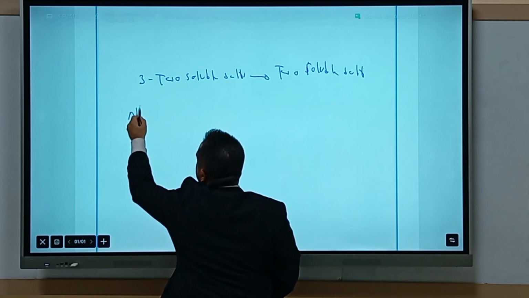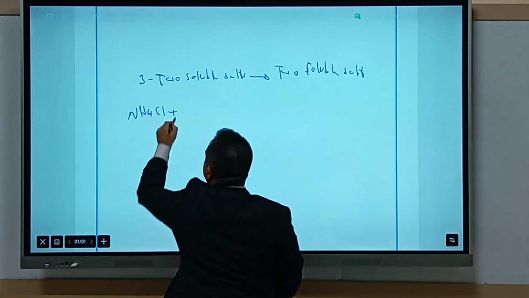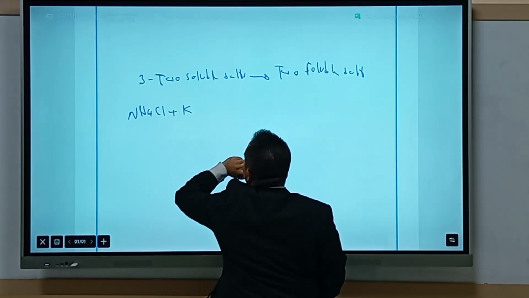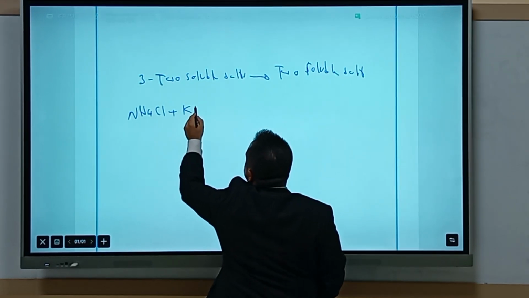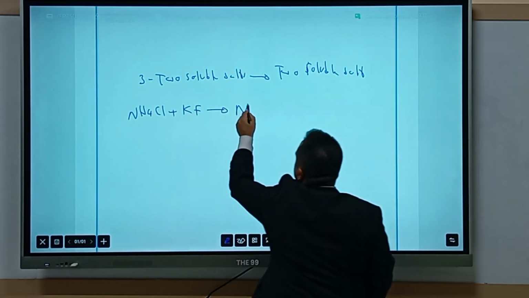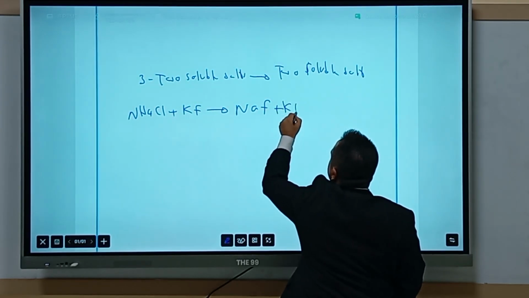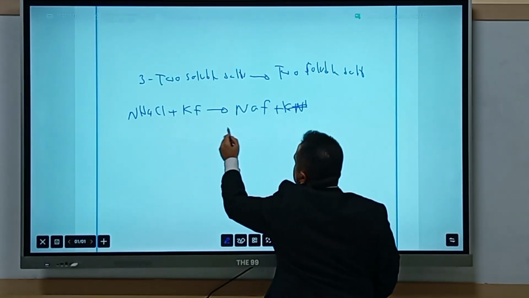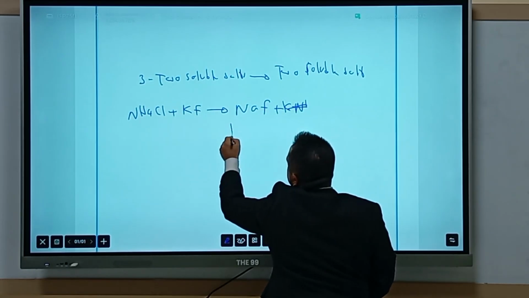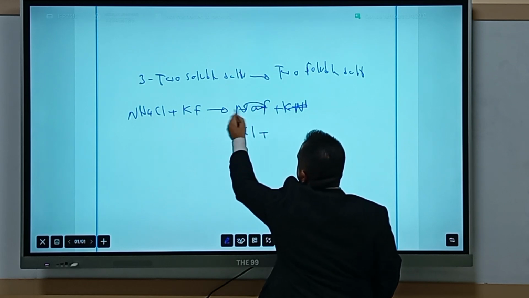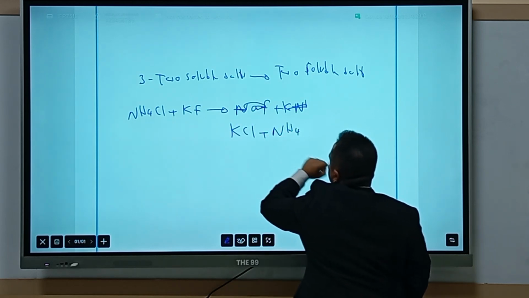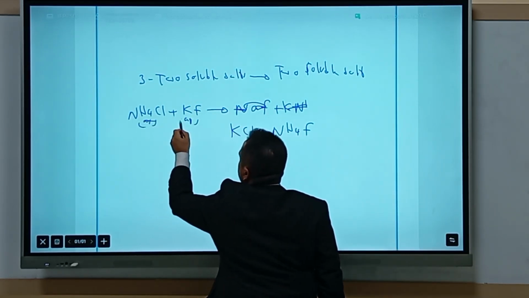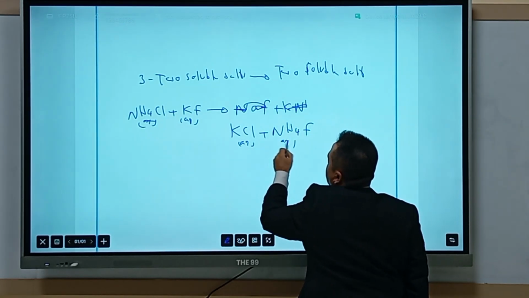For example, NH4Cl plus KF results in KCl plus NH4F. This is soluble, this is soluble.